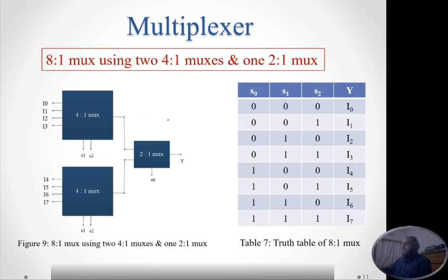Similarly, we can construct an 8:1 mux using 2 4:1 muxes and 1 2:1 mux. Let's see two patterns to be clear. If we look at this pattern, our S0 is 0, our S1 is 1, and S2 is 0.